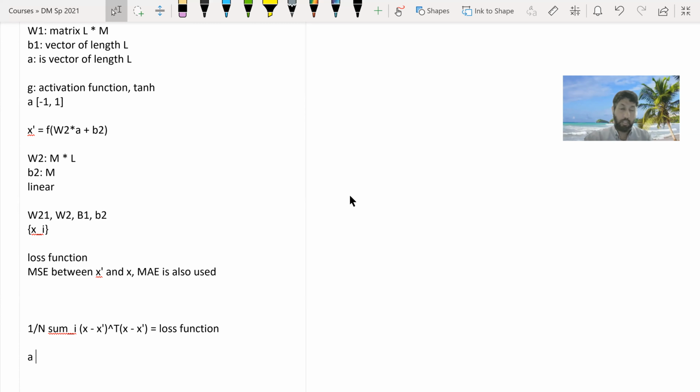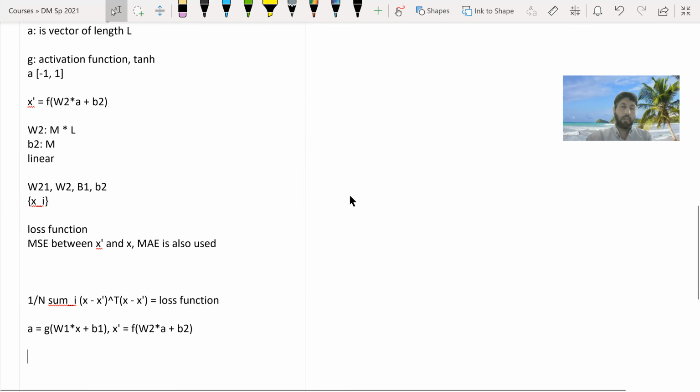You compute A equal to G(W1 X plus B1). After that you compute X prime as F(W2 A plus B2). For each input.